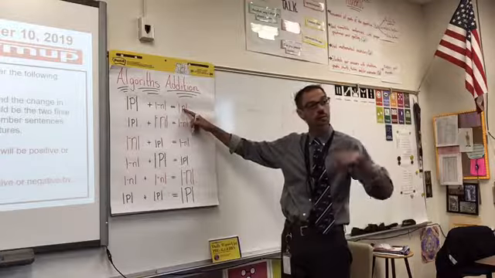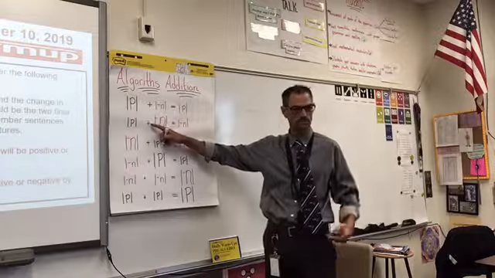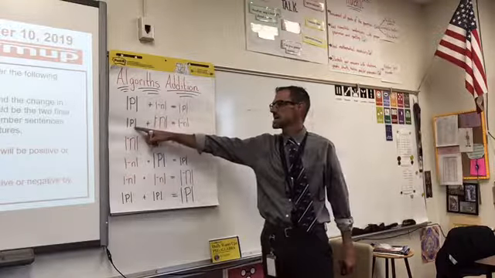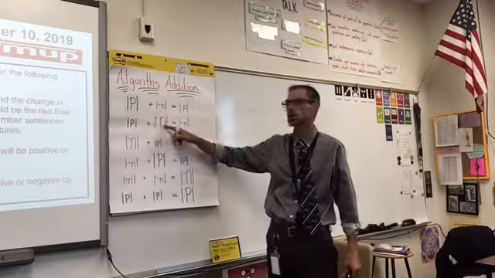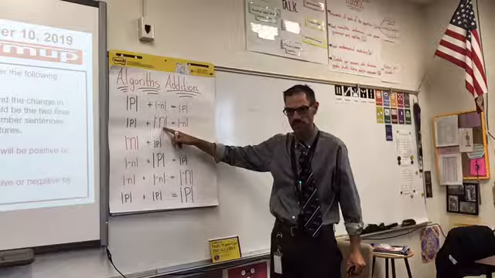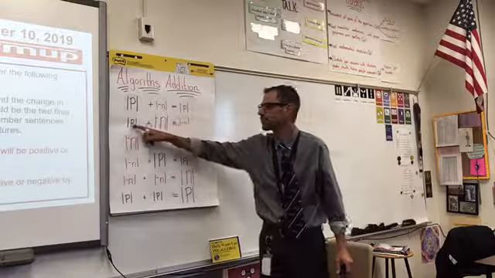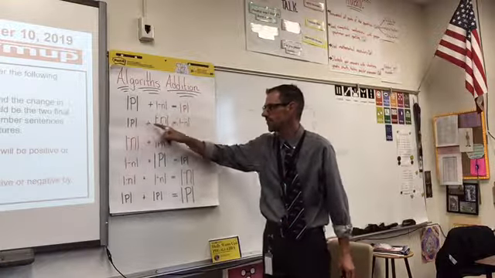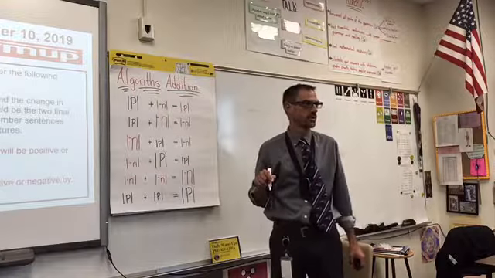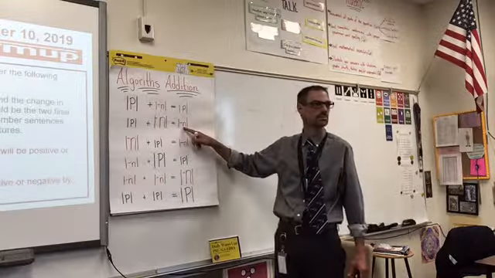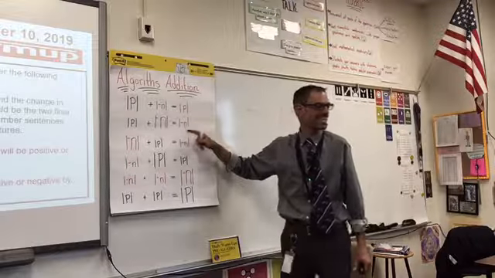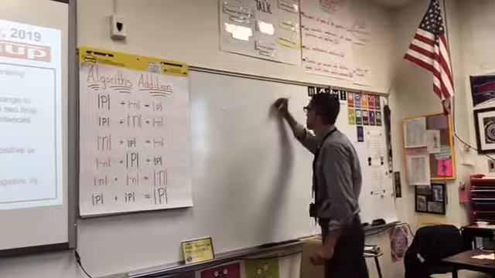But look what happens here, Jaden. If I have a small absolute value and a positive, and a greater absolute value and negative, which one's further from 0? The positive or the negative? The negative, because it has greater absolute value. It's further from 0. What happens then? Stays negative. It never quite makes it back.